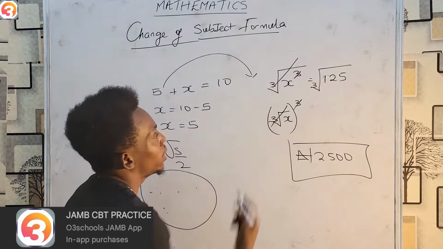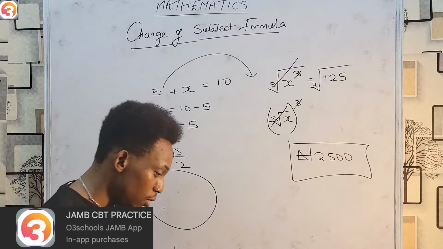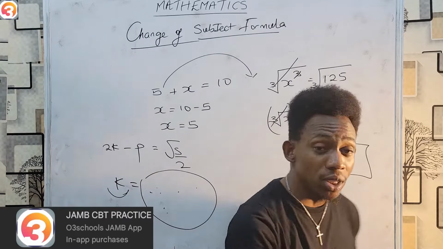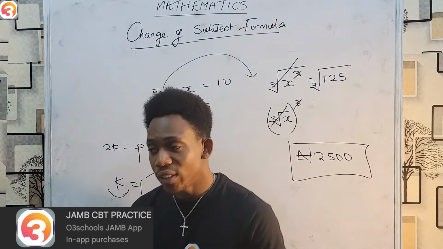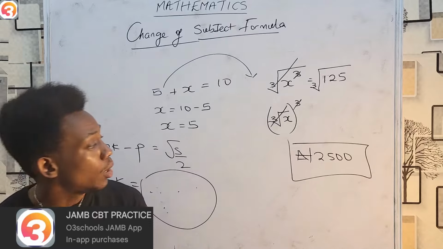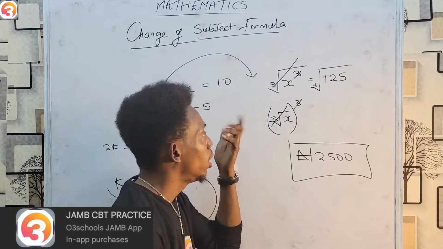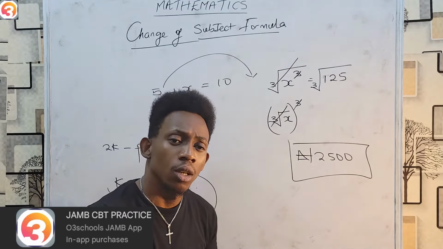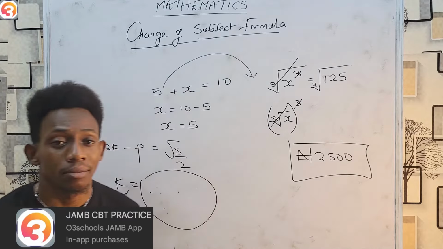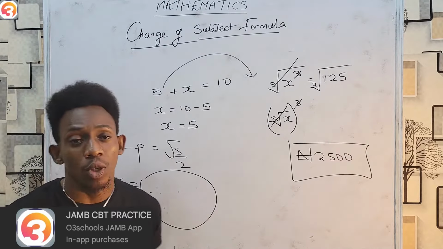So first thing you must do, try and shift everything you can shift to the other side. If there's a coefficient, divide by the coefficient, and if there's a power, get rid of it. If there's a root, do the same thing. So that is simply how this topic works.